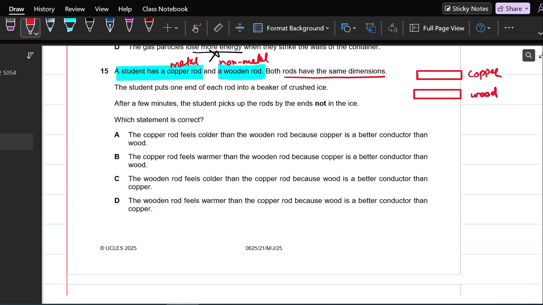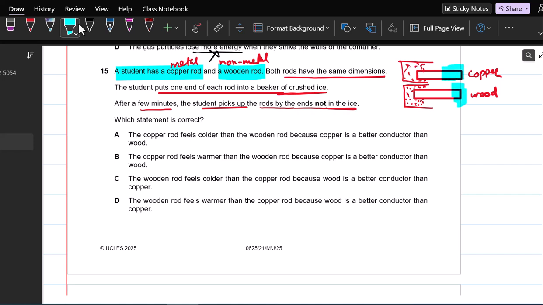The student puts one end of each rod into a beaker of crushed ice. Okay, suppose this is a beaker in horizontal form. Here we have ice. Same here, I am having ice here. After a few minutes, the student picks up the rods by the ends not in ice. So these ends are not in ice.